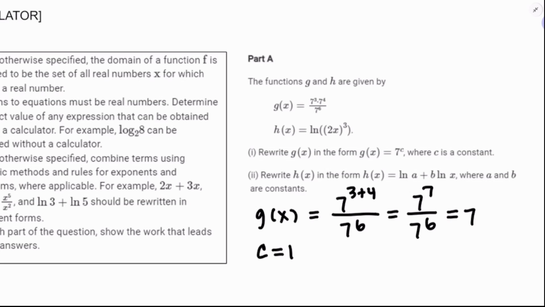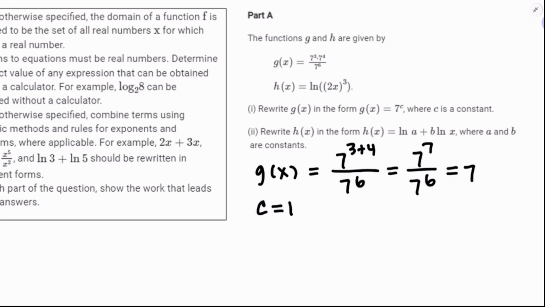Then we're going to rewrite h of x in the form of natural log of a plus b natural log of x. All right, so h of x. Notice that the cube is on the entire argument of 2x. So I'm going to swing that around first, because it's on the outside. So that's 3 times the natural log of 2x.